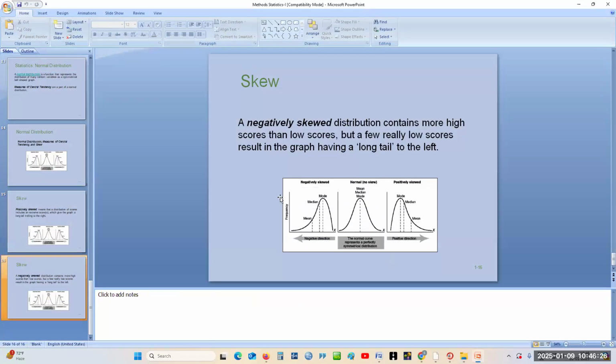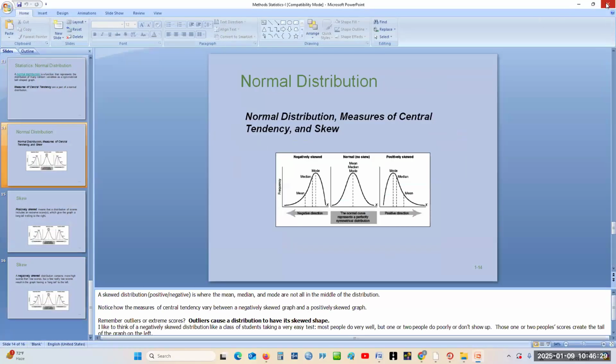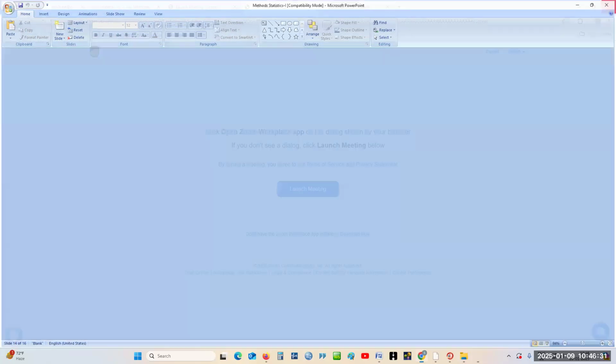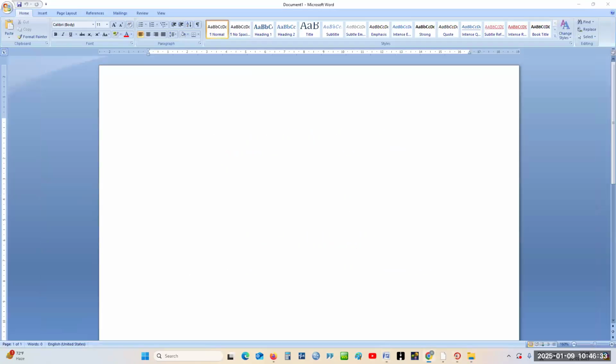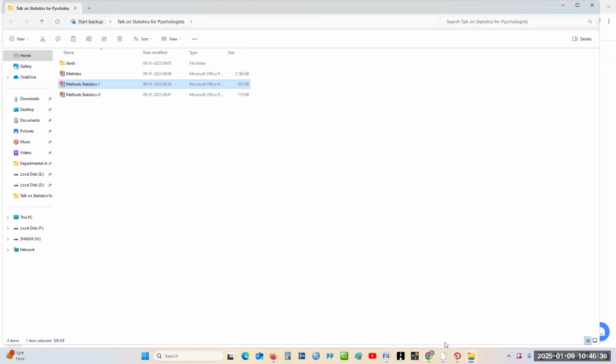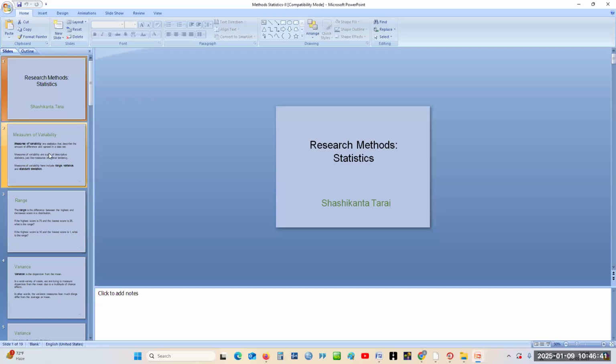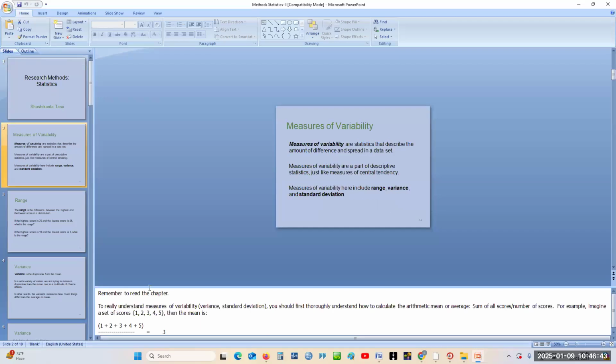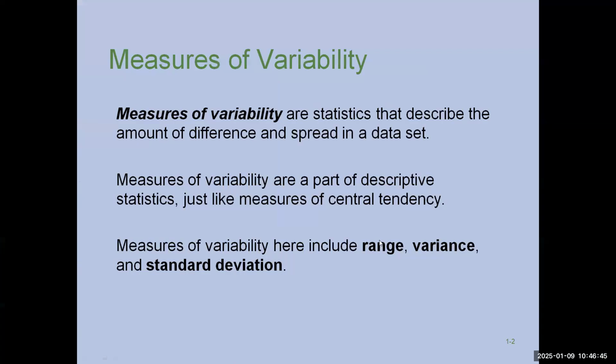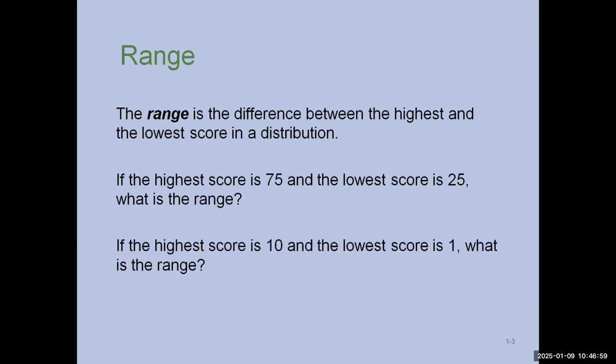So this is what exactly about the descriptive statistics. So that is what exactly we have talked about when you are going to have range, that is maximum, that is minimum, and we also find out the variance and standard deviation.